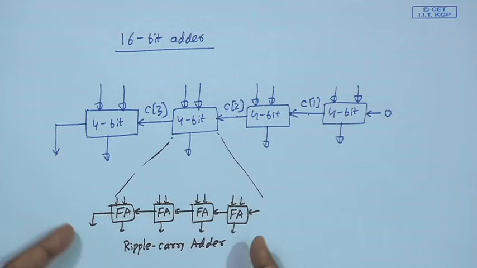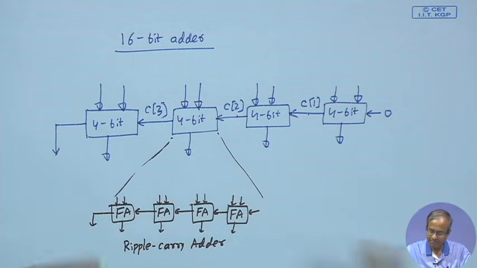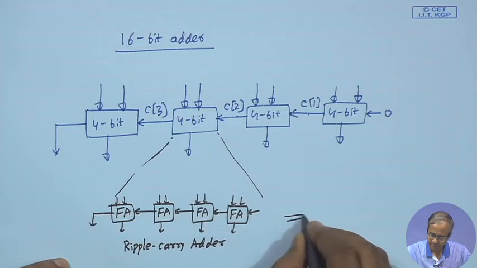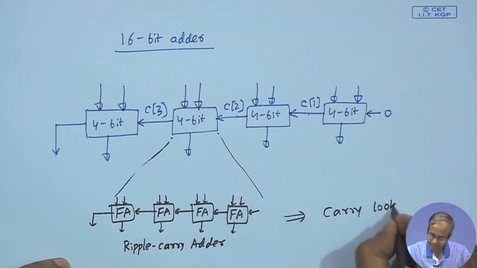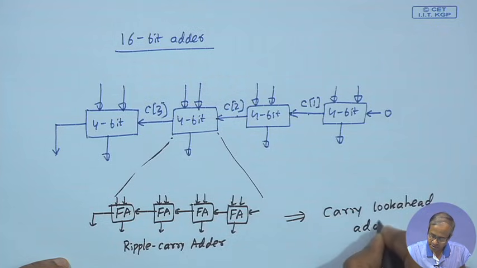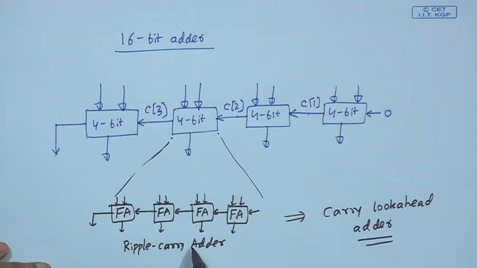Now, let us also look at an improved version of this design, where this 4-bit adder that I have shown, instead of mapping this into a ripple carry adder like this, we can map it in an alternative way into a carry lookahead adder. Carry lookahead adder is a faster way to implement an adder.